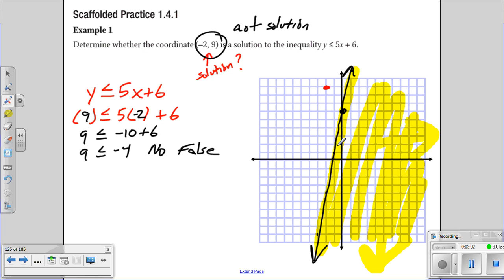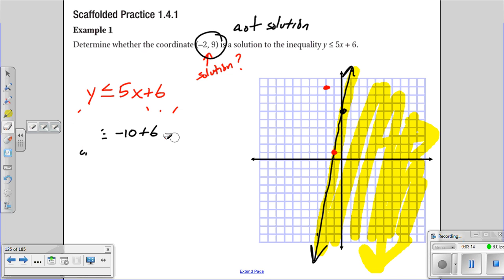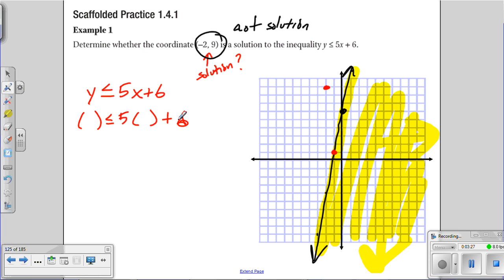Now let's pick some random points and see if they are in the region. I'm going to first pick a point on the line, the point -1, 1. Let me erase what we have here and get this example out of the way. I'm going to test the point -1, 1.